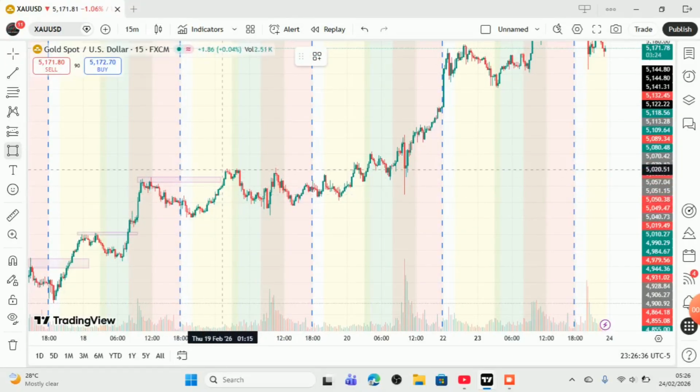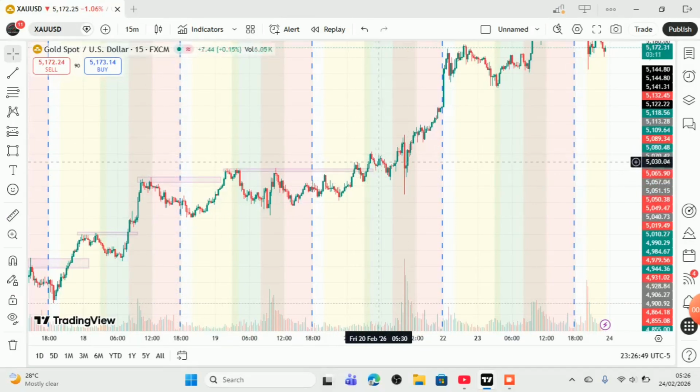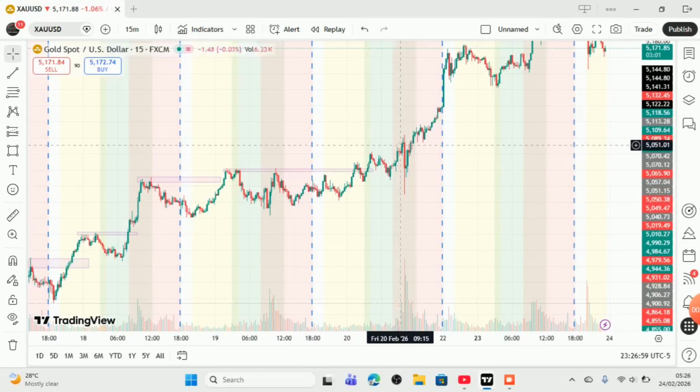After coming, it went down, then this place, then after this place, it shot down. After this place, we are going to be taking this zone.